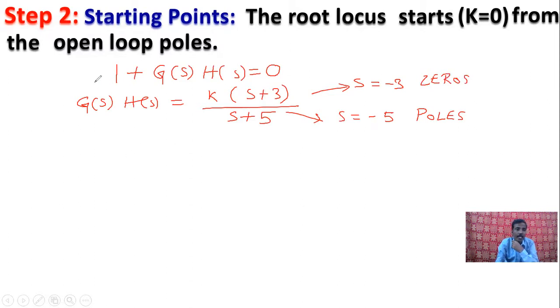Then what is the characteristic equation? 1 + G(s)H(s) = 0, or 1 plus, putting in the G(s)H(s) value, k into what?